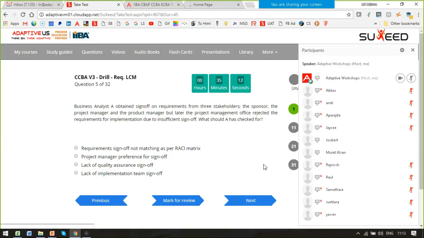See, usually you have something called a RACI matrix where you say who should approve what. If your RACI matrix is not respected, somebody would come back and say, you did not get the right approval, so we won't accept. For example, in many companies, a lot of critical requirements have to be reviewed by the legal team, because if you try to do something illegal, then you are in trouble. The company can be penalized for doing something which is not legal.